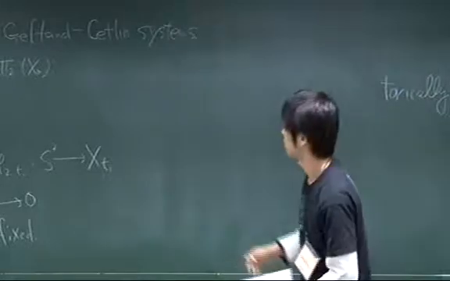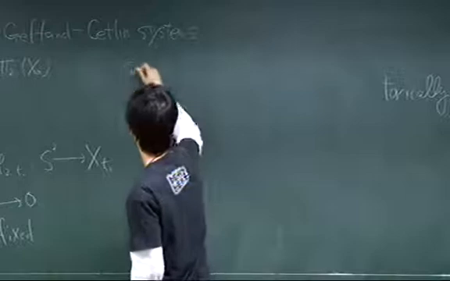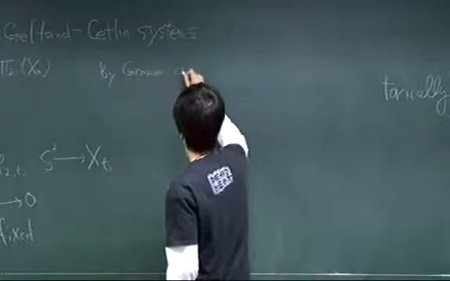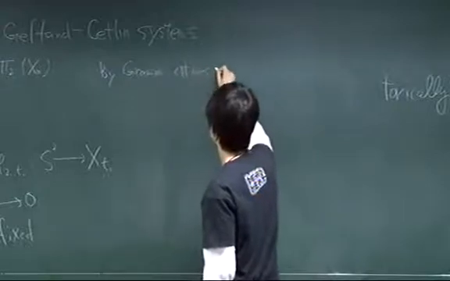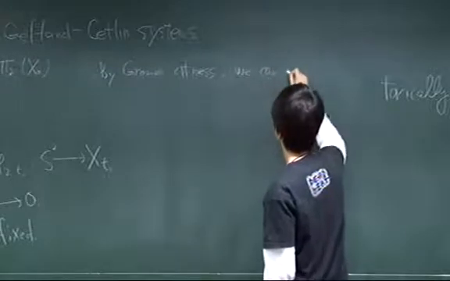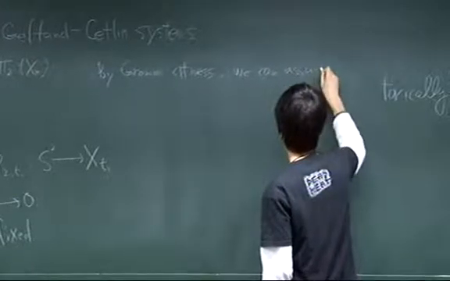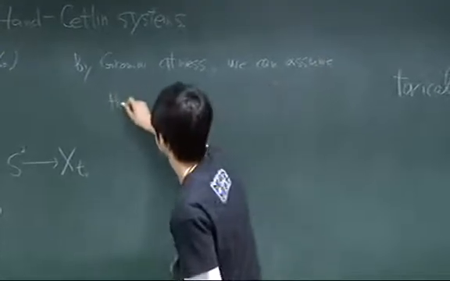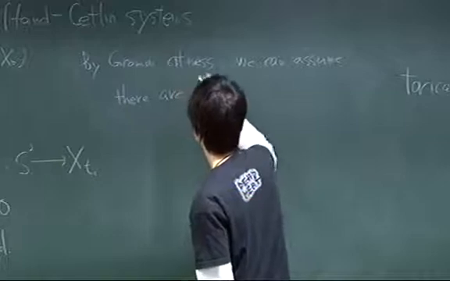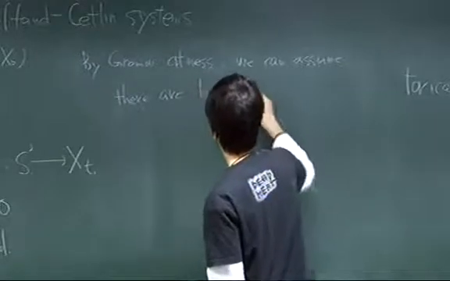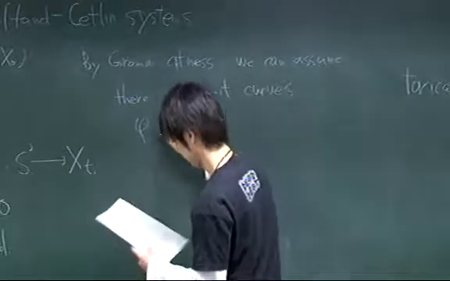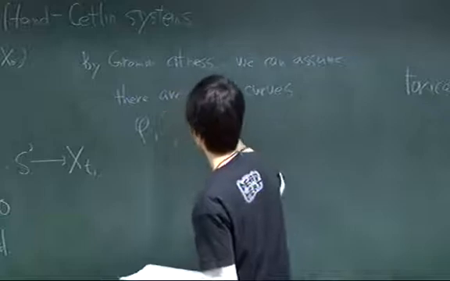And using Gromov compactness, we can assume there is a limit. There are limit curves phi 1 prime and phi 2 prime.